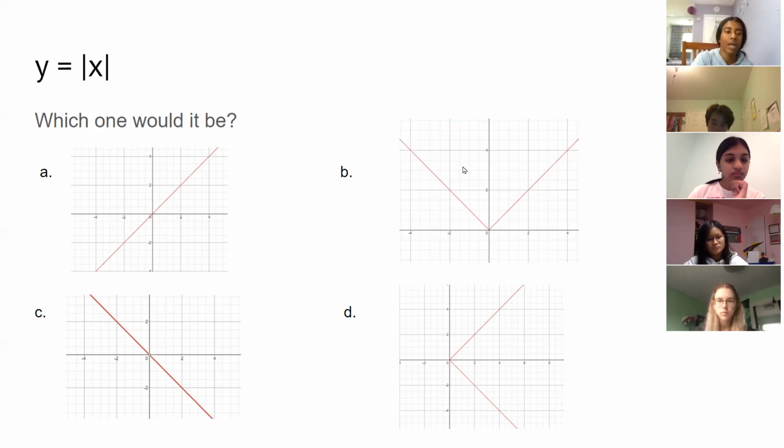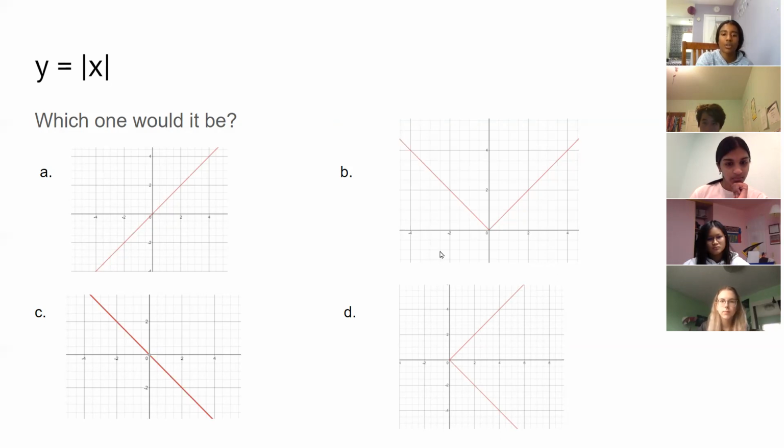So we can rule A out, and using that same logic, we can rule C out. C is wrong. And then again, D has negative y values as well. See how it goes to -2 and -4. So we can rule D out. And therefore, by process of elimination, we can see that letter B is the graph y equals absolute value of x.